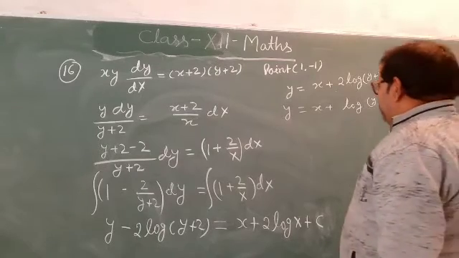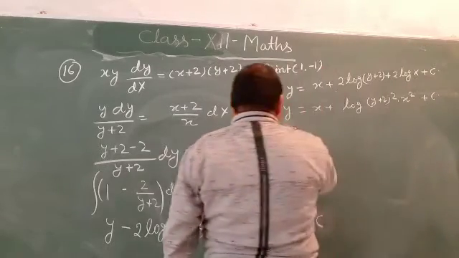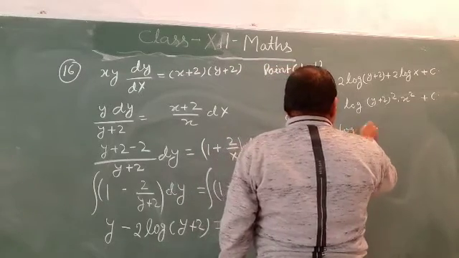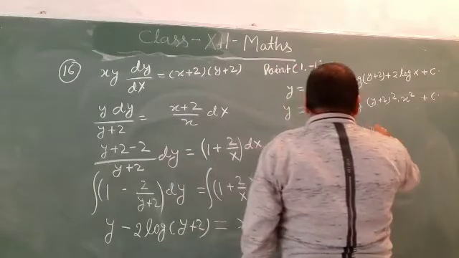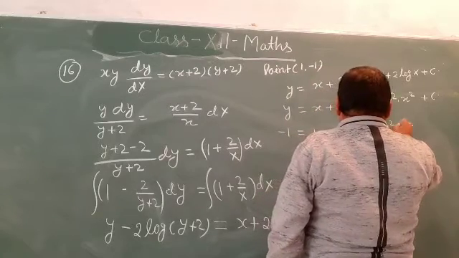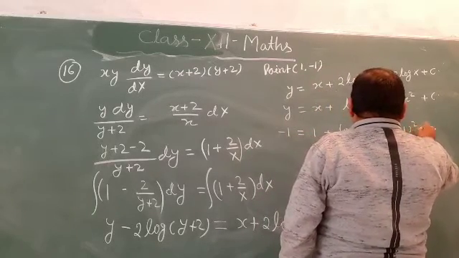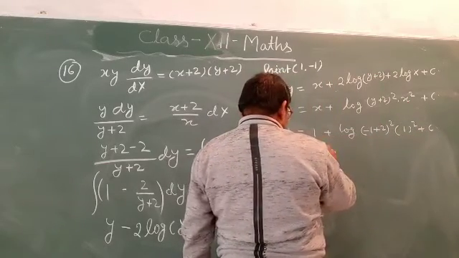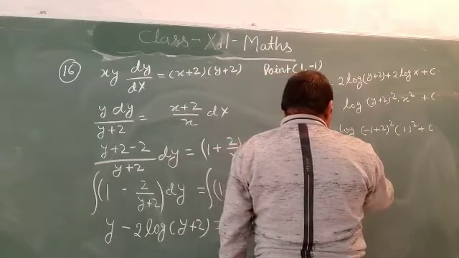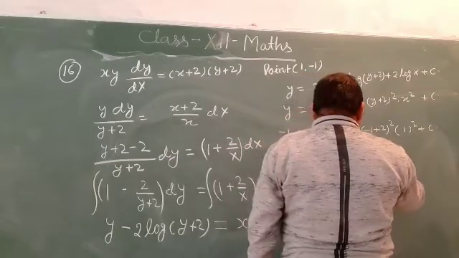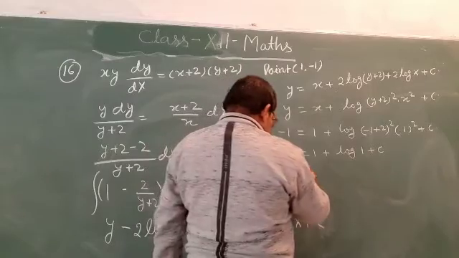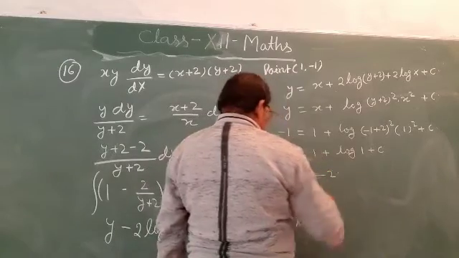Now putting the point (1, -1): minus 1 equals 1 plus log((-1 + 2)^2 1^2) plus c, that is minus 1 equals 1 plus log 1 plus c. Log 1 is equal to 0, and c is equal to minus 2.